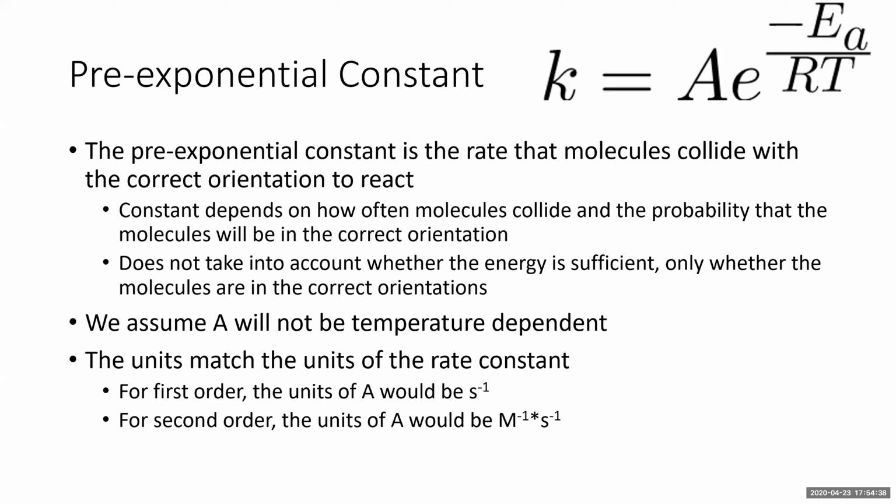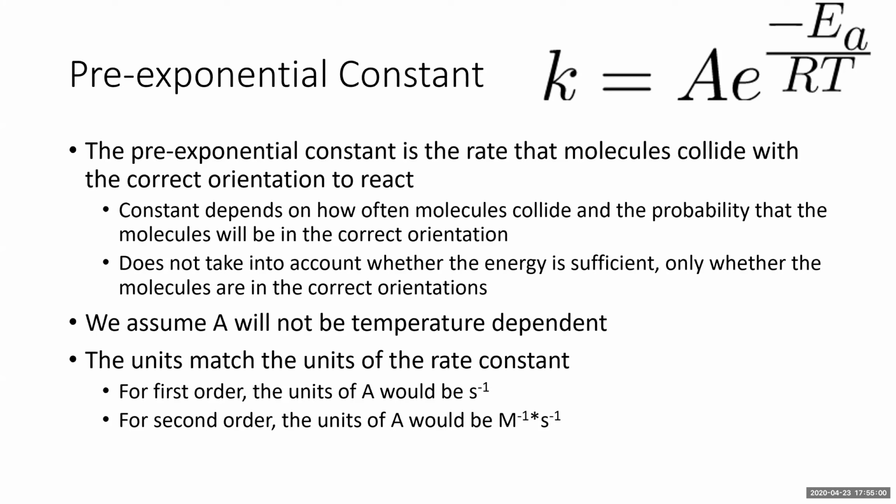And then for this course, we assume that the pre-exponential constant will not be temperature dependent, and that the range of temperatures that we're usually using are not great enough to actually influence the value of the pre-exponential constant.